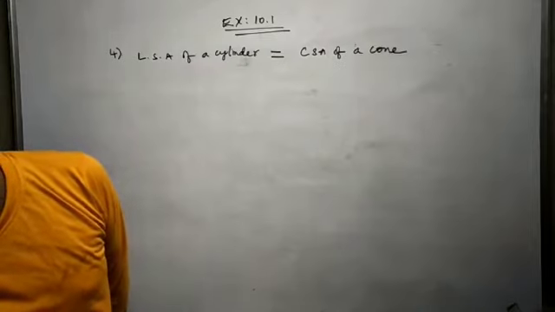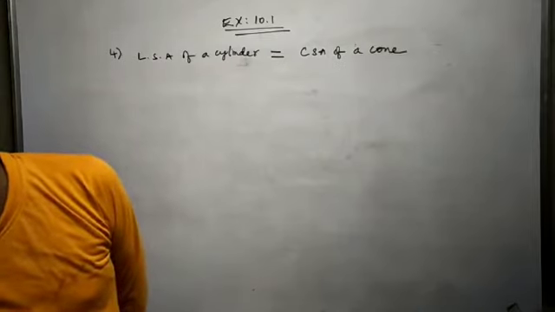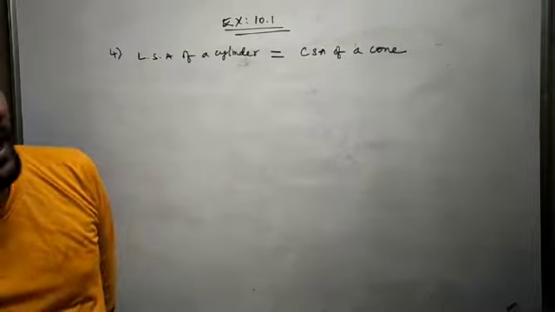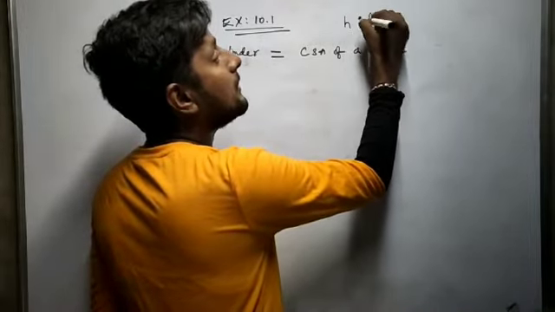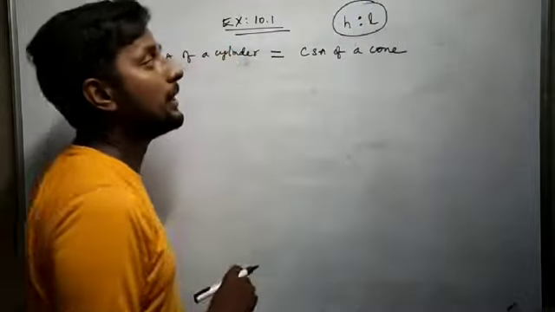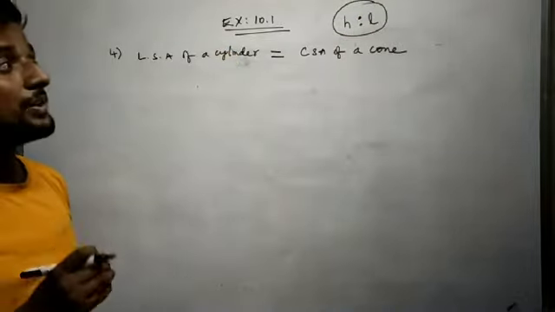If their bases are the same, find the ratio of the height and the slant height. So we are going to find the ratio of h is to l.